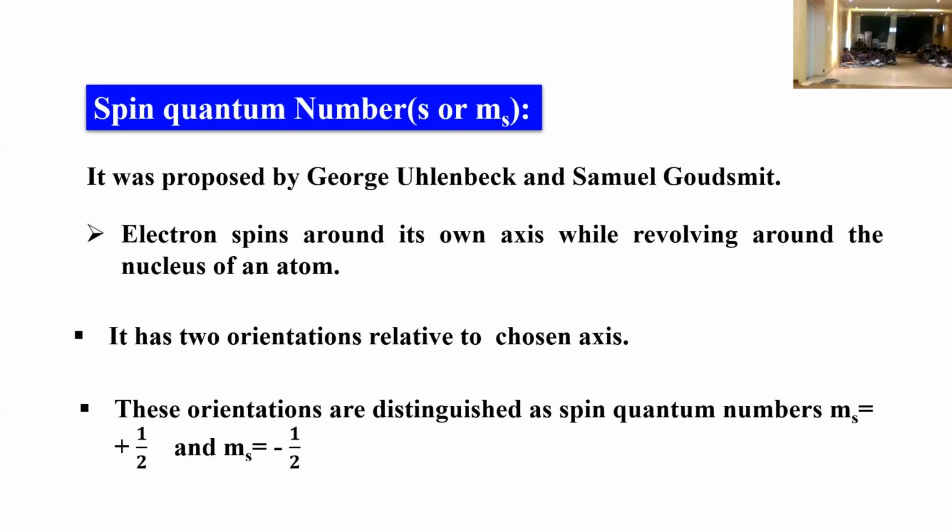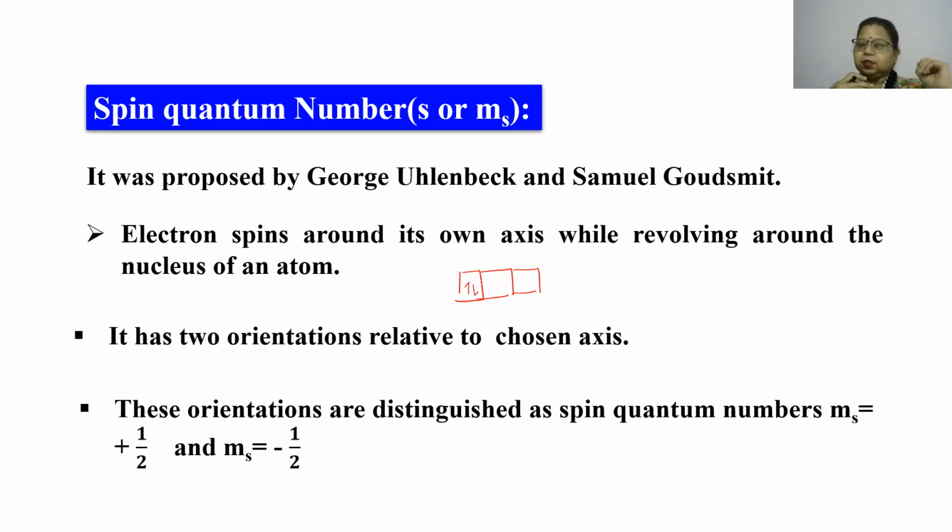Yes. Okay. If you remember, when you were drawing orbital boxes, in each orbital you were placing 2 electrons. That means each electron is having half of an orbital, isn't it? If you are sharing a book between 2 students, everyone is going to get a half.